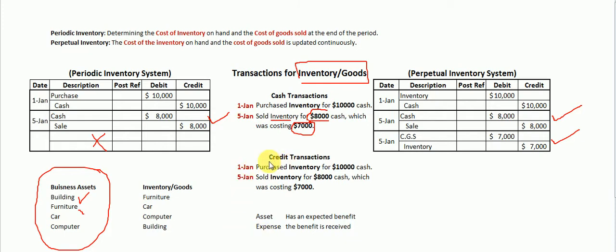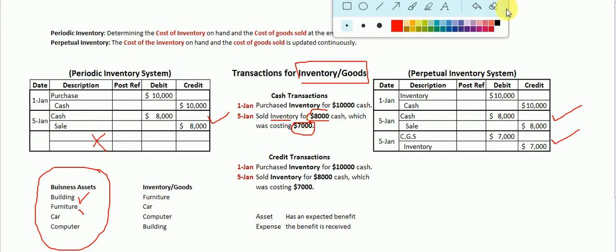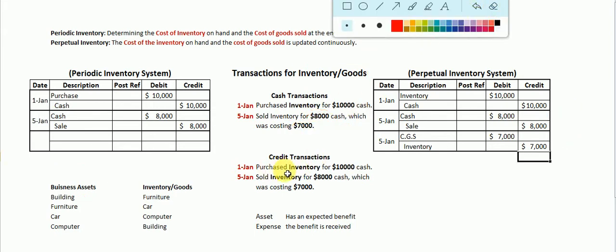Now we will create the transactions if the same entry is on credit. For example, I assumed that all the transactions were for cash, but now, for example, purchase inventory for $10,000, and this is on credit. And sold inventory for $8,000, and this is also on credit, not for cash.